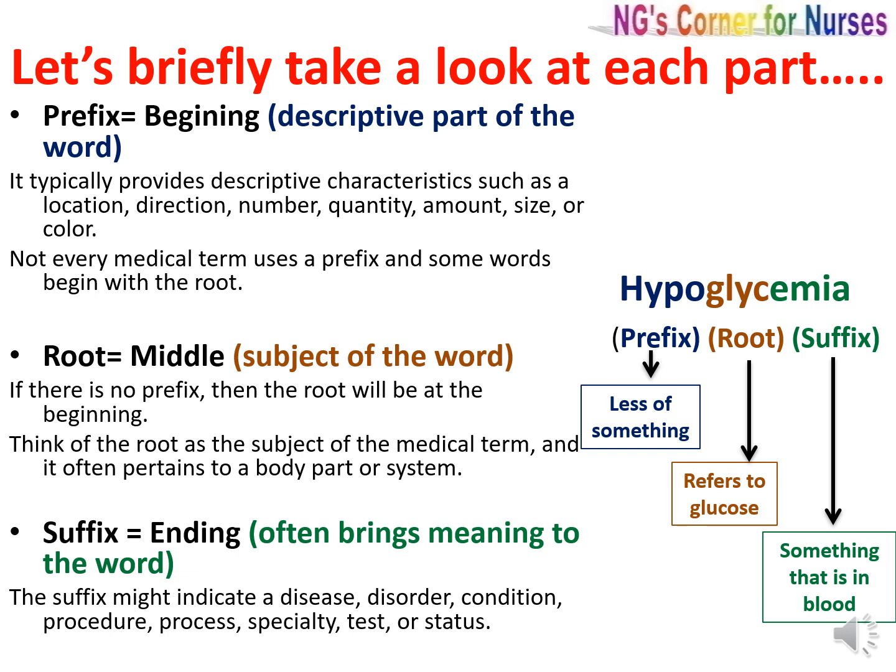The word hypo means less of something or below the level. Glyce refers to the glucose, and emia refers to something that is in blood. So what is the meaning of this hypoglycemia? That means low blood sugar or low blood glucose.